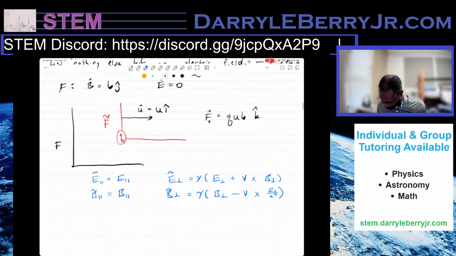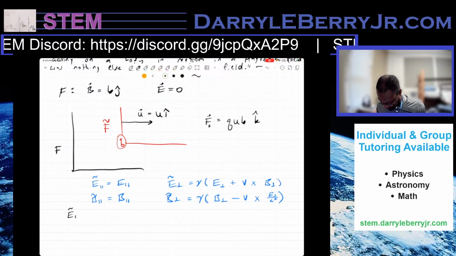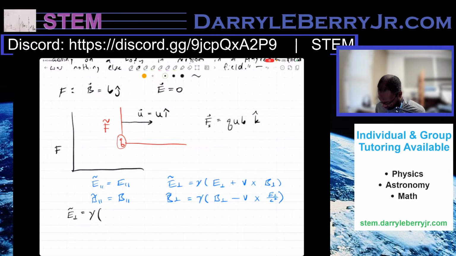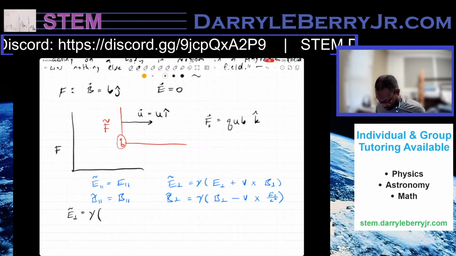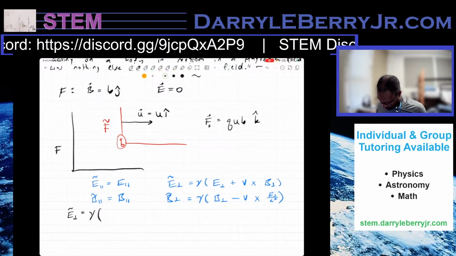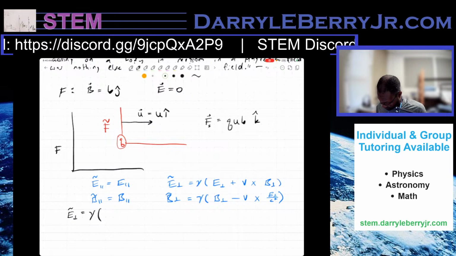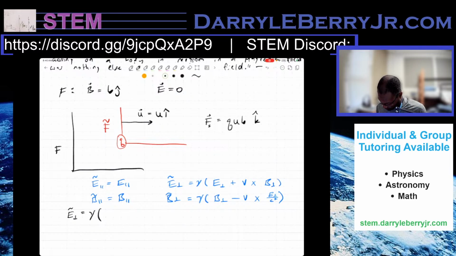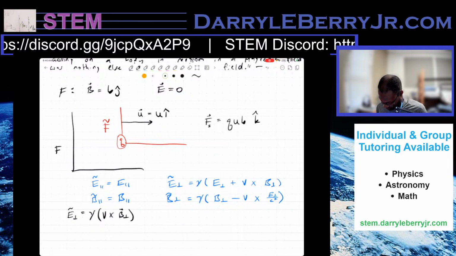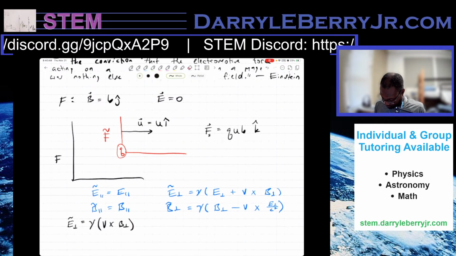So E boosted perpendicular would be gamma times E perpendicular plus V cross B, but E is all 0, which was given.